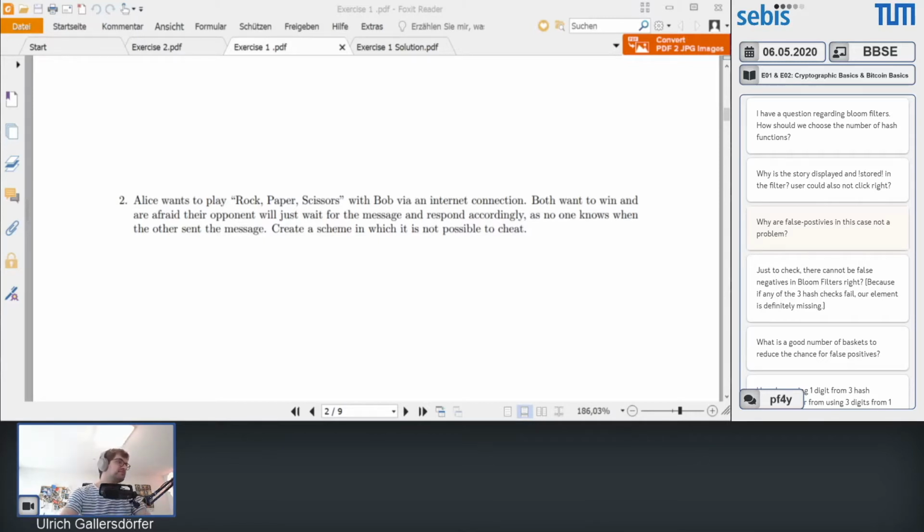So my idea was that you can encode the decision of rock, paper, and scissors as a number. So 1 is rock, 2 is paper, 3 is scissors. Then you have a cryptographic hash function that is given.